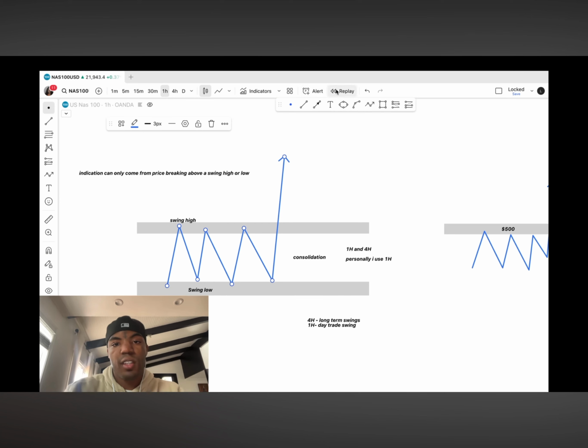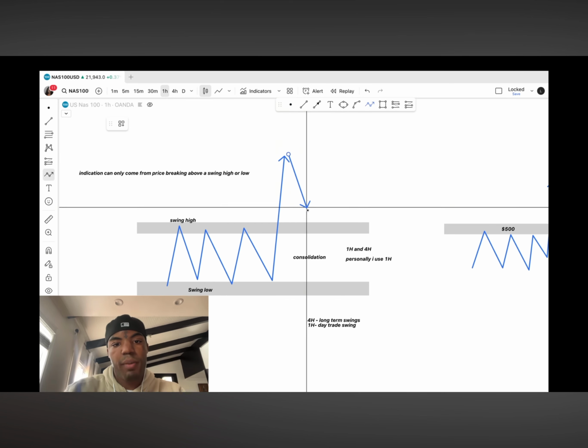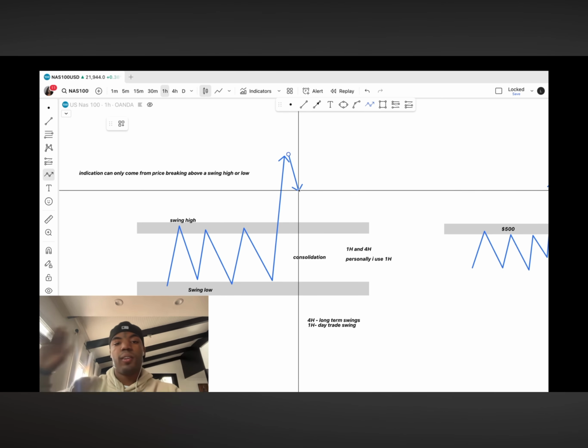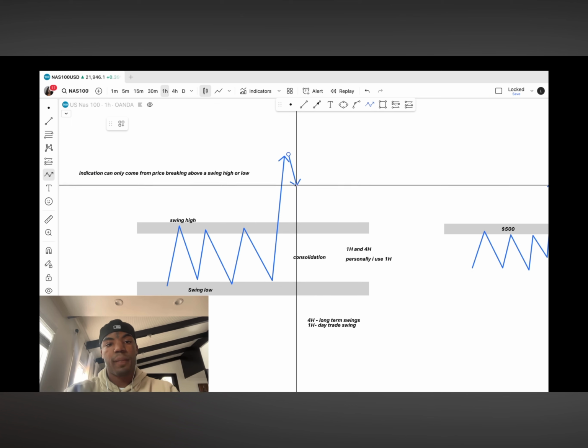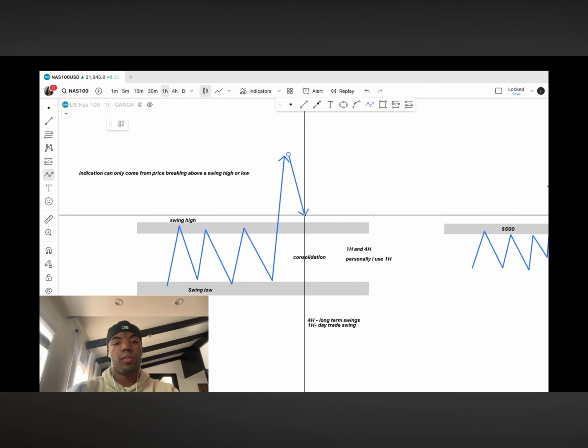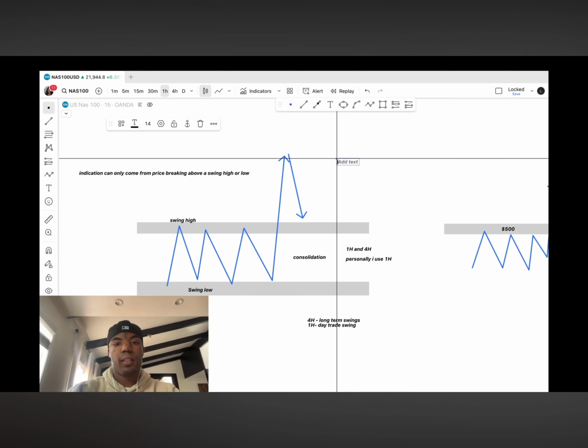So corrections are not always going to go all the way back to the previous level that it went to, but I'm going to teach you later on down the line the different types of corrections. In this video, I'm going to just tell you what a correction is. So the correction is after price makes a high or a low. So remember this. Let's go ahead and write this down for you.